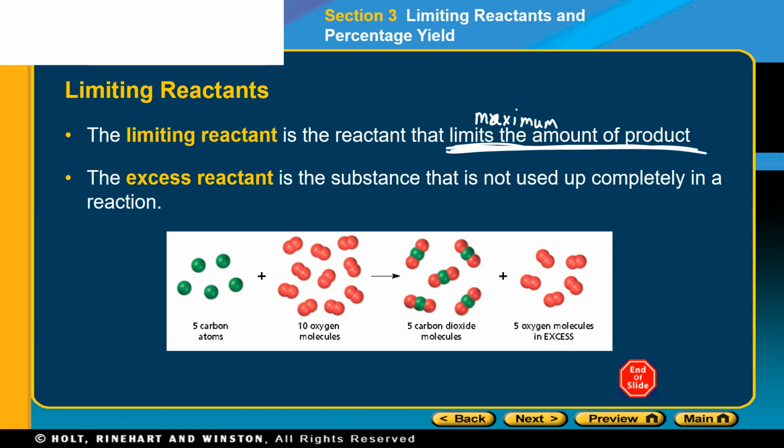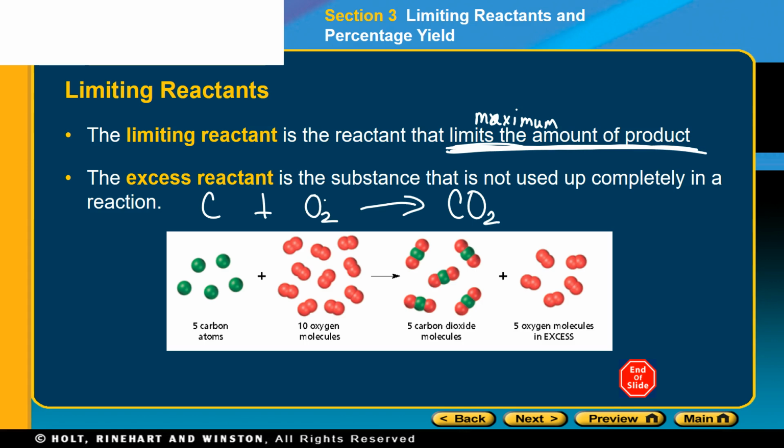So if I have carbon plus oxygen, and I want to react it to form carbon dioxide. And just balancing that balances like that. Everything's 1 to 1.